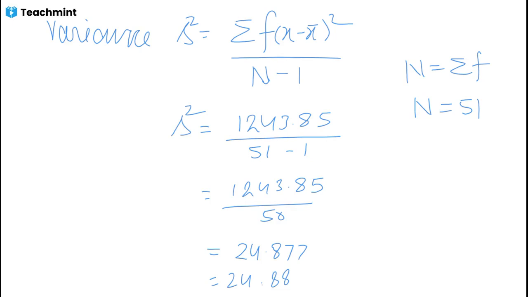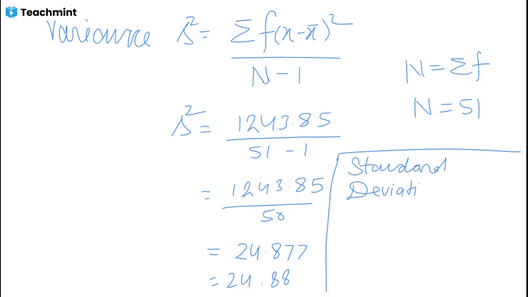And we can find the standard deviation. In short, we write this as SD, and the symbol is S only. That is the square root of variance.